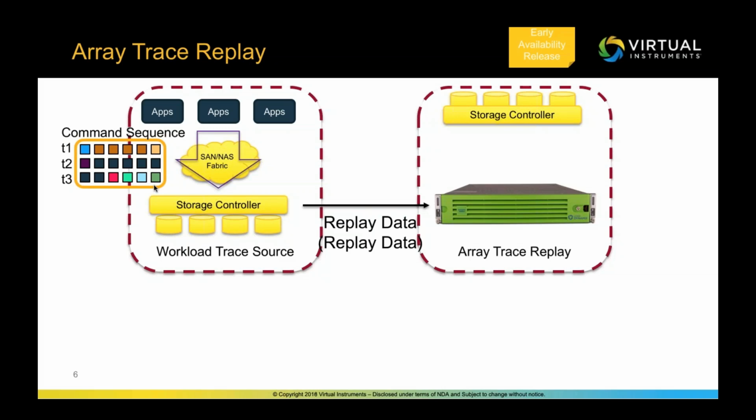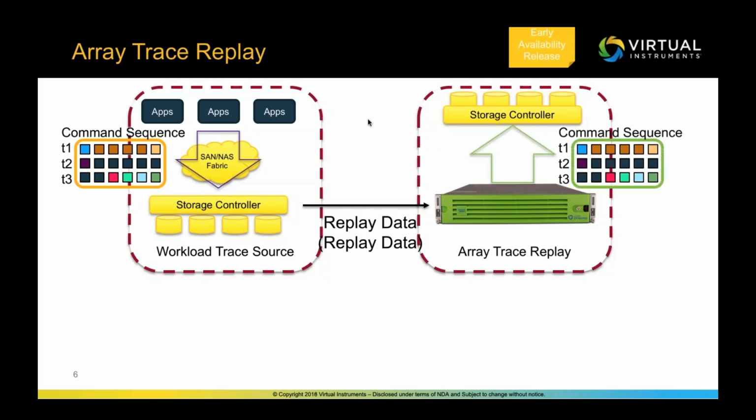So essentially, to put all those terminologies together, we take that trace data, parse it, and convert it into replay data, and the replay data is something that our workload generator understands. And then it will play back that same exact sequence of commands, timestamp by timestamp, command by command, at millisecond granularity, essentially.